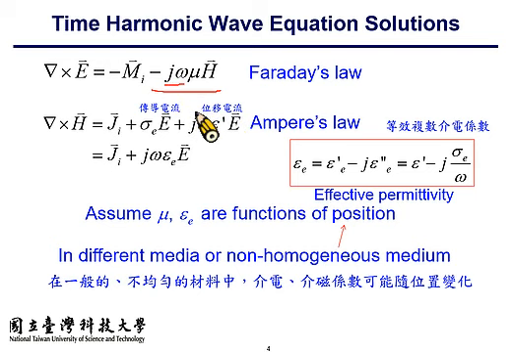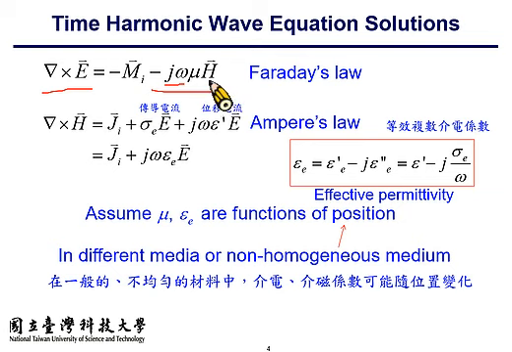So you have minus j omega mu times H. Again, for Maxwell equations, the left-hand side provides the spatial derivative, while the right-hand side you will have the source and time derivative, like this. You have the magnetic current and the time derivative of magnetic field.